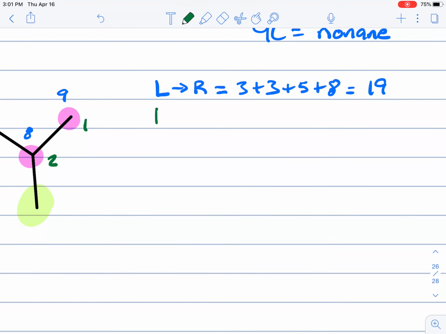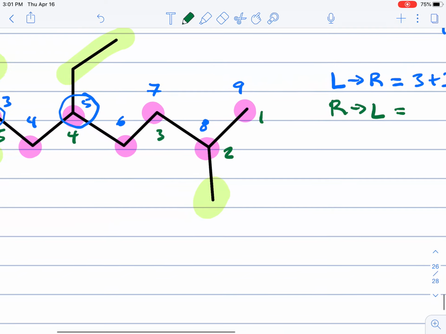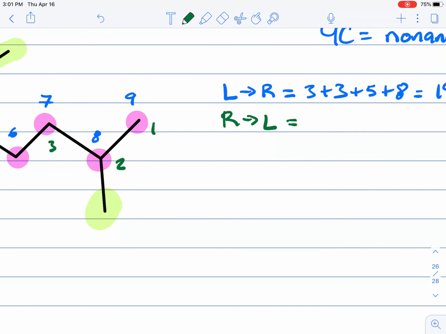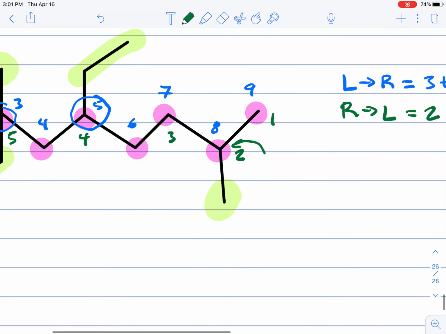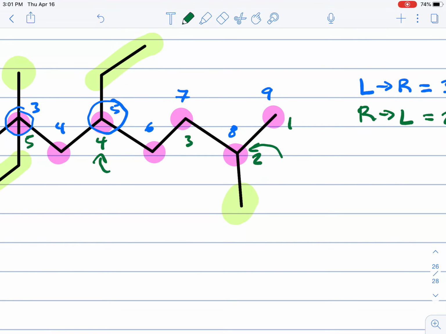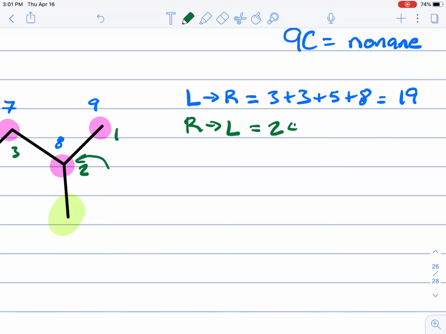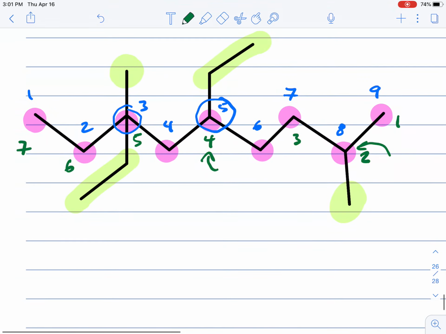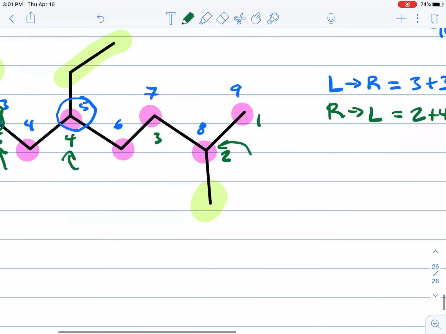So I have right to left. Okay, so I have 1 on 2. I have 1 on 4. And then I have 2 substituents on 5.